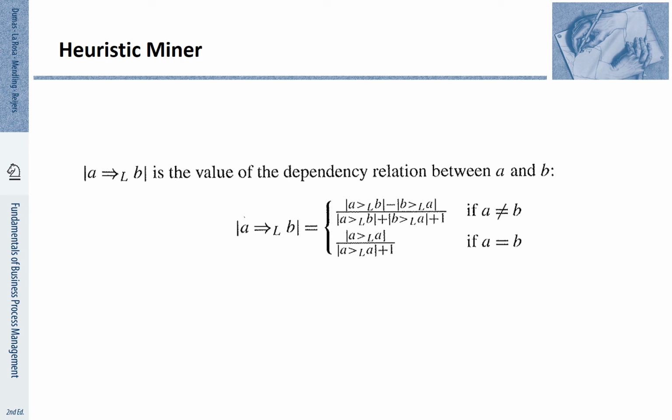This makes 10 divided by 11. And this is a strong indication that the direction from A to B is stronger. That means if we take this as an indication for a probabilistic consideration, we would rather draw an arc from A to B than from B to A.